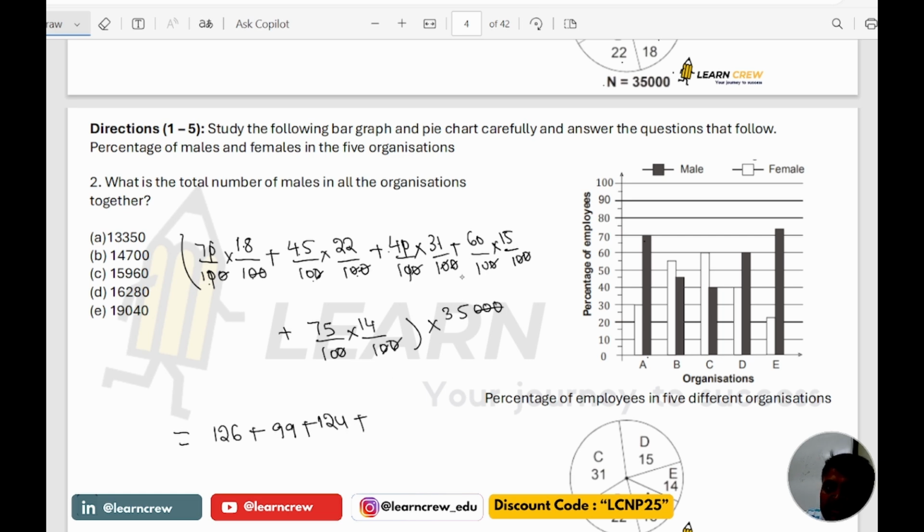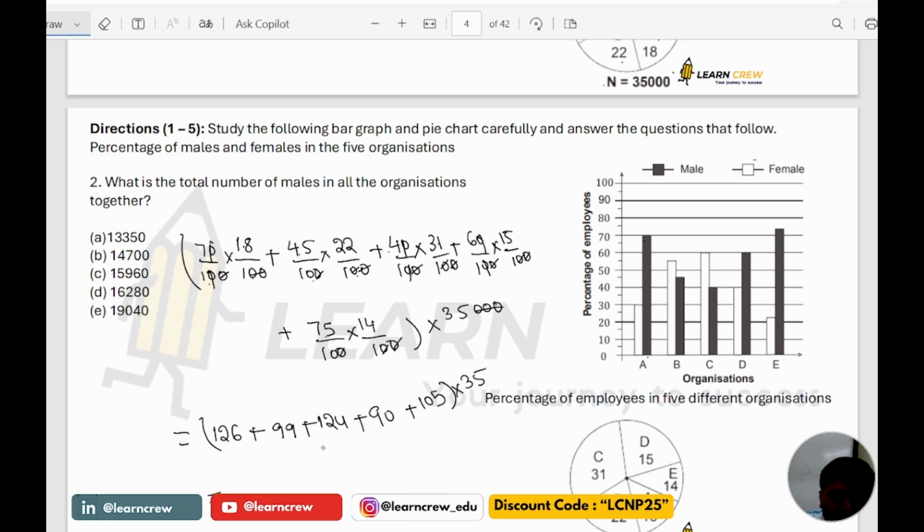Plus now here you have 0 0 cancel. 15 6s are 90. Then here 75 14s are 1050 by 10, which is 105, into 35. So this sum is how much?